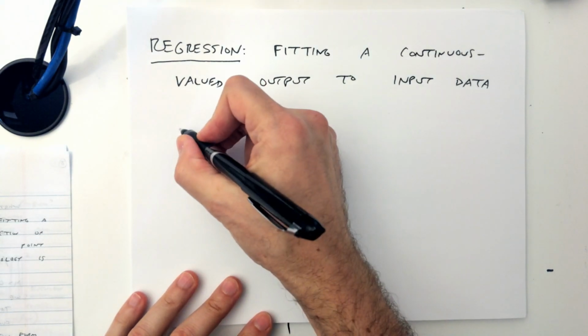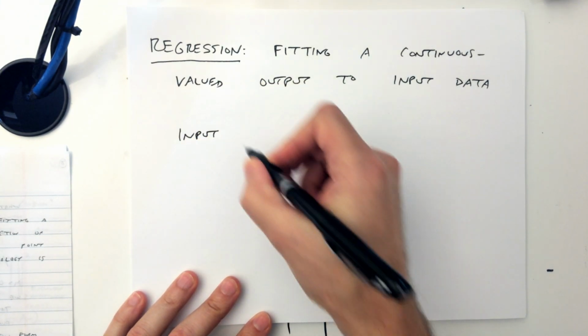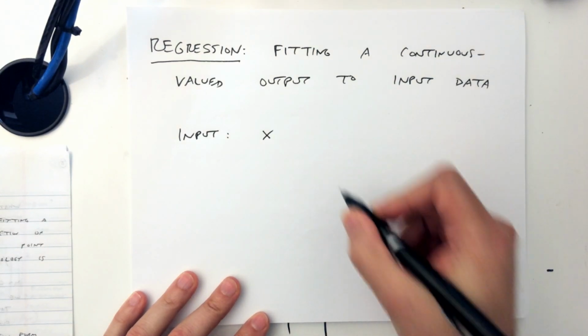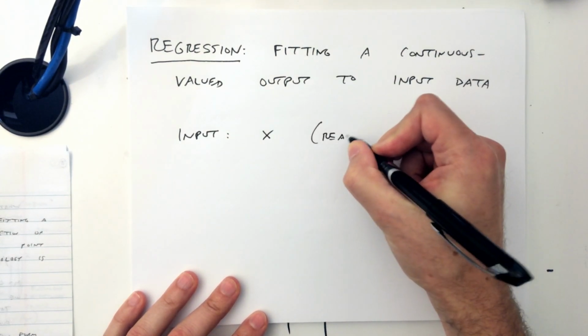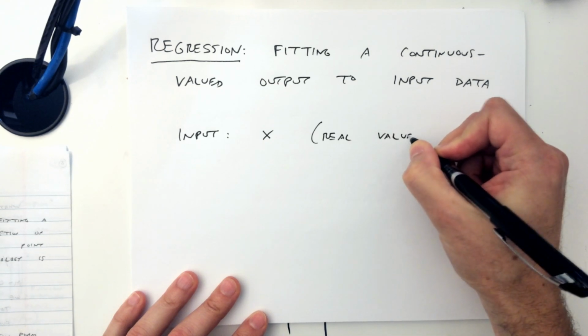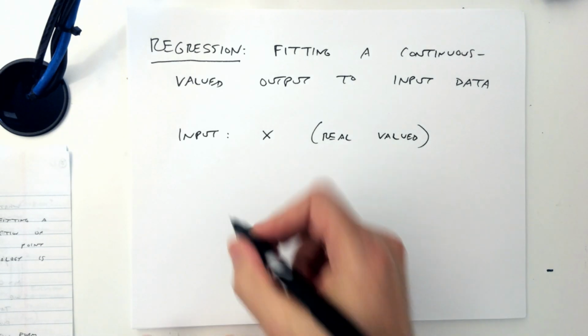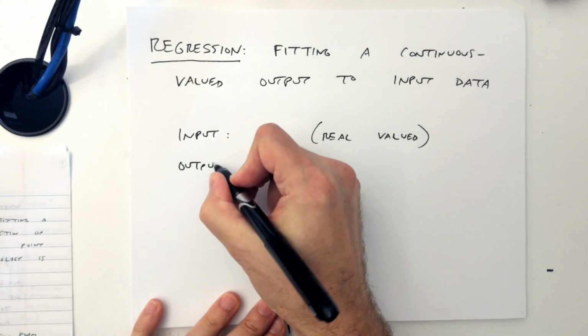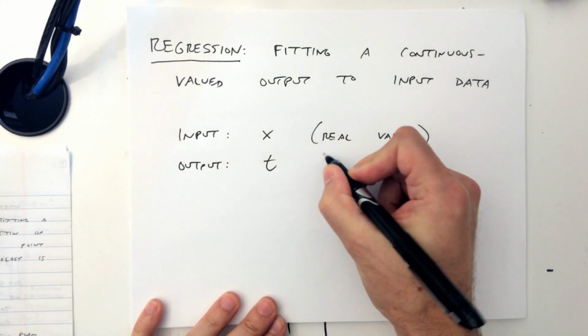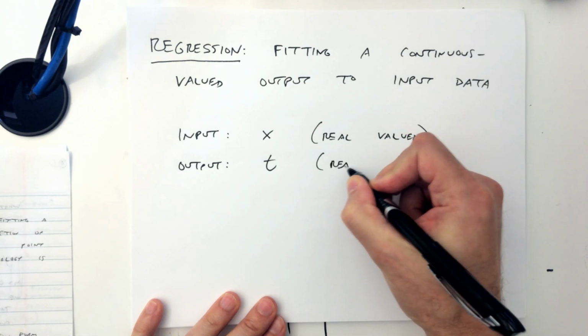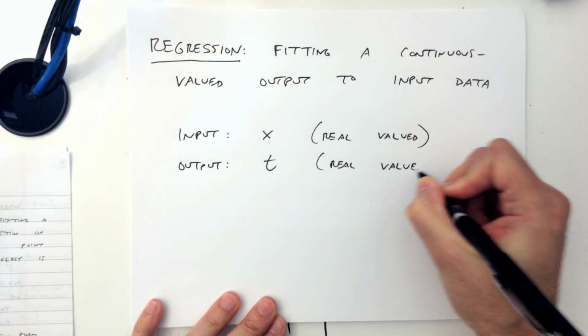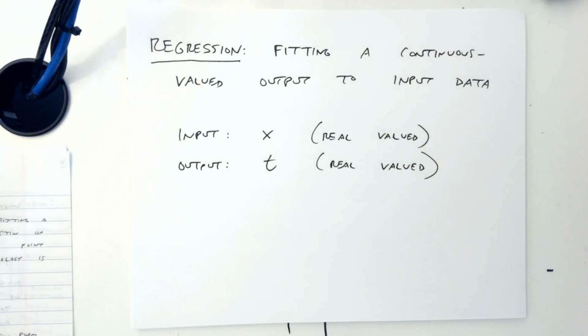The idea is that we have input, which we're going to call x, and these are real valued numbers. Initially, we're just going to talk about x as one dimension, but we'll generalize this to x being a vector. And the output, let's call t, is also real valued. To solve this problem, first we have training data.